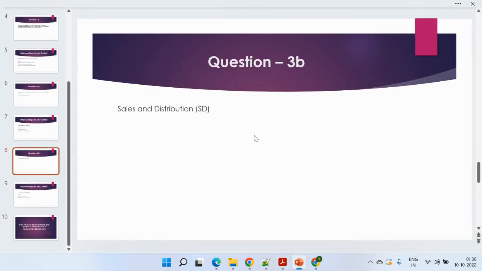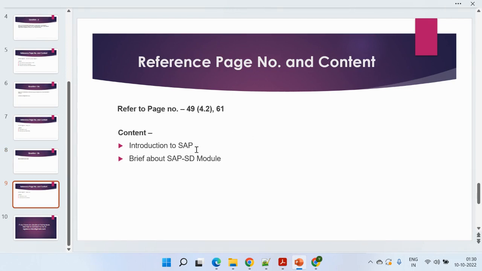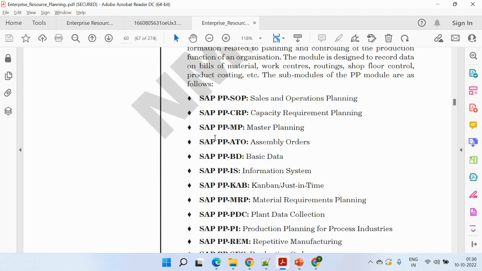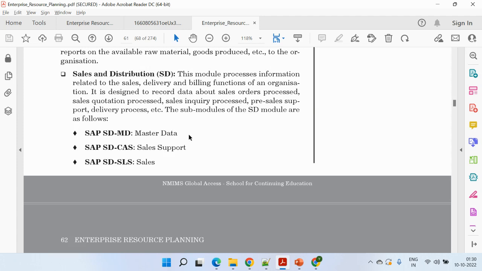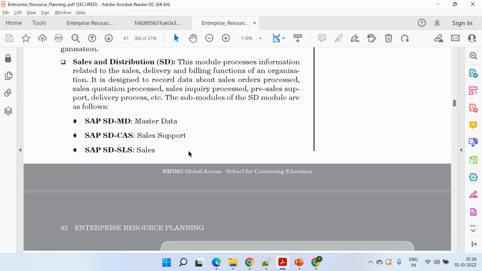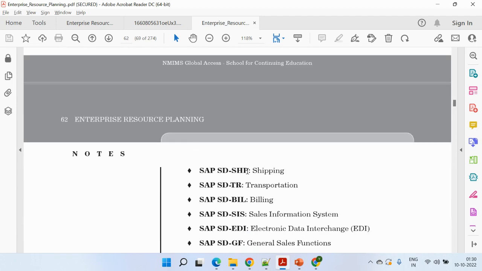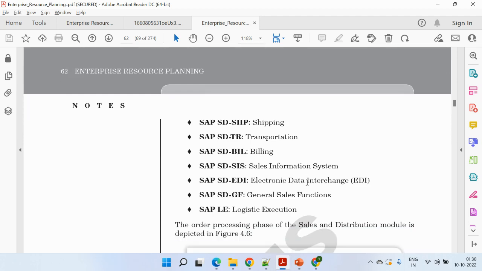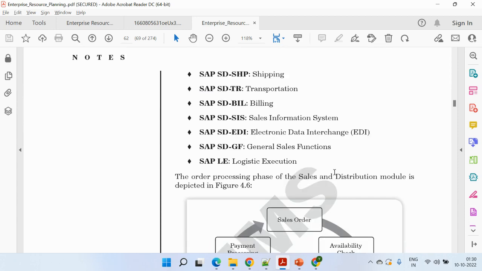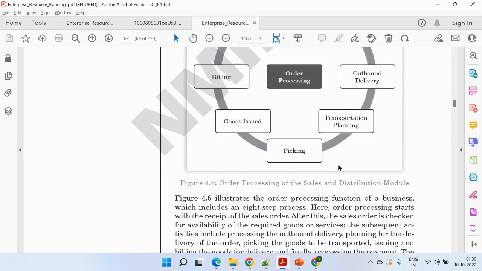So this is about question 3A. Question 3B is on similar aspects, in which you need to introduce a bit about SAP, not much, and after that go to page number 61. On page 61 it's mentioned about sales and distribution, which relates to the sales, delivery and billing functions of the organization. There are certain sub modules like MD, master data, CS support, SAS sales support, SLS sales, SHP shipping, TR transportation, BIL billing, SIS sales information system, EDI electronic data interchange, GF general sales functions, and LE logistics execution.